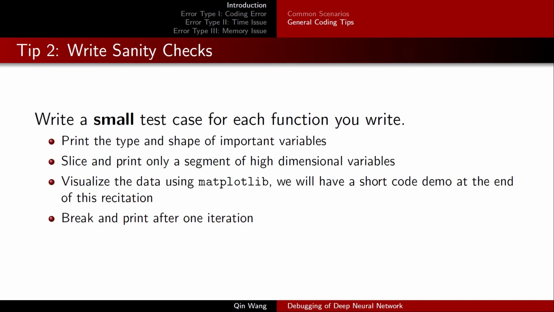Hence, we'll teach you how to use matplotlib to visualize this kind of data later in this recitation. Also, if there's a loop in your function, try to break and print after one iteration before things get too complicated.